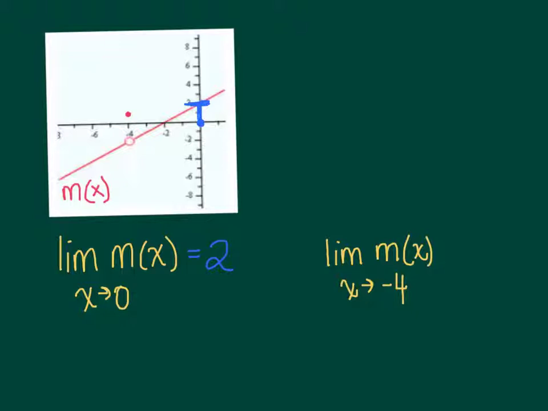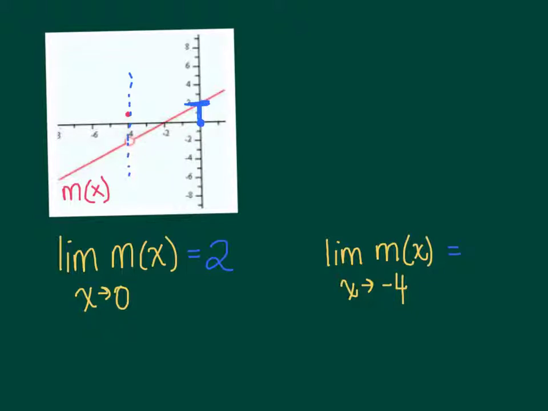However, if we look at this other one, limit of m of x as x approaches negative 4, this is where we have another one of those unusual open circle, closed circle situations. At negative 4, the place the graph appears in all other spots to be heading is actually down here at negative 2.